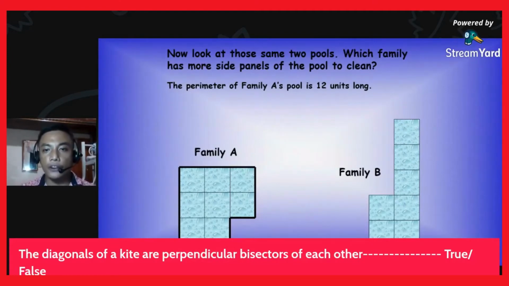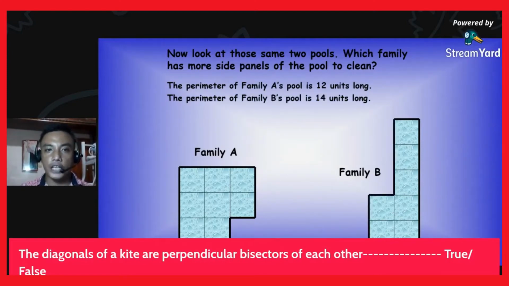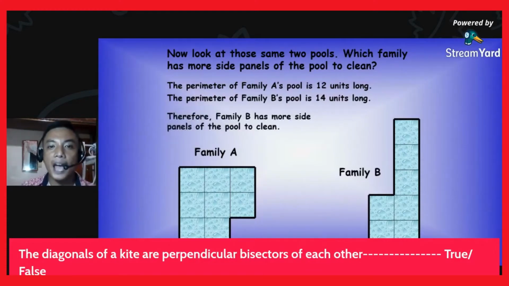How about for family B? Let's count: 1, 2, 3, 4, 5, 6, 7, 8, 9, 10, 11, 12, 13, 14. So the perimeter of family B's pool is 14 units long. Therefore, family B has more side panels of the pool to clean.